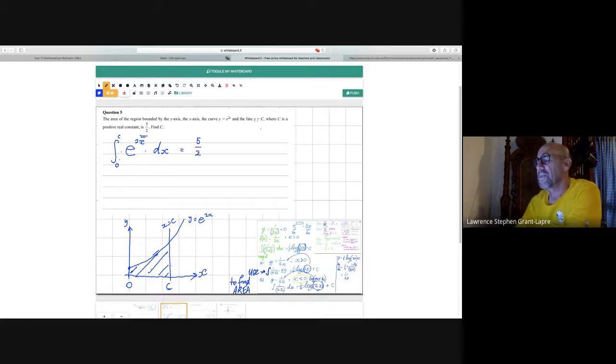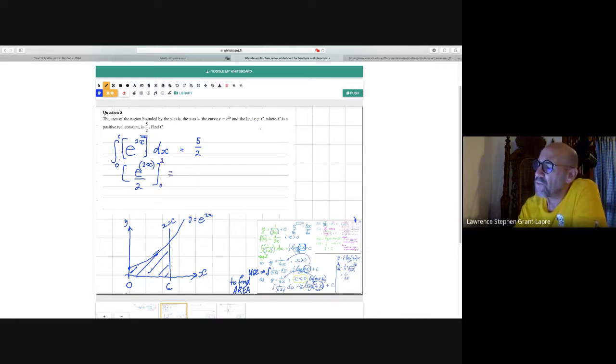And this is something different for you. So let's just do the integral of e to the power of 2x. The integral of e to the power of 2x is e to the power of 2x divided by the derivative of 2x, which is 2. Now normally we put a plus c, but for area we will just say from 0 to c.